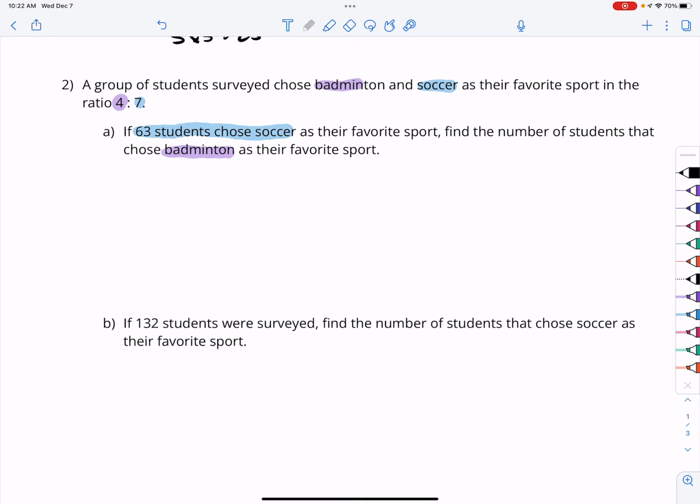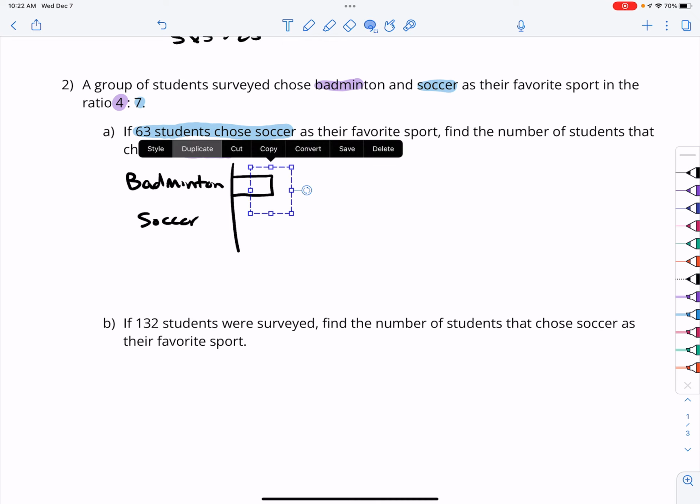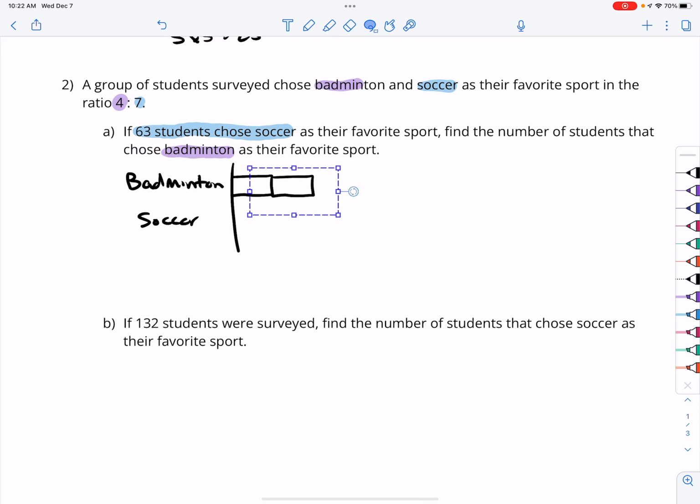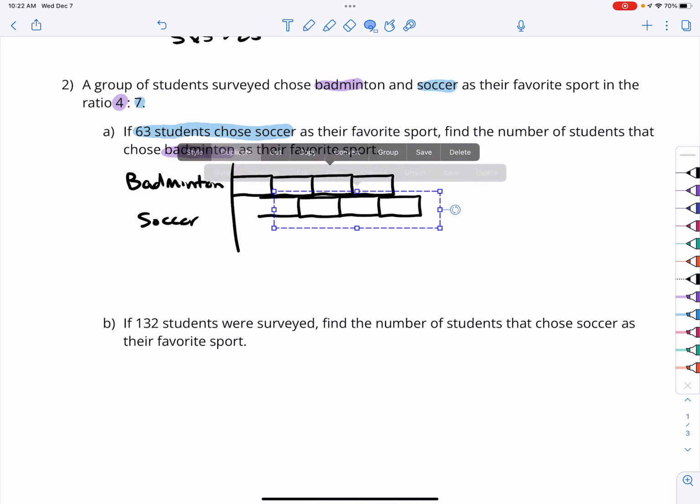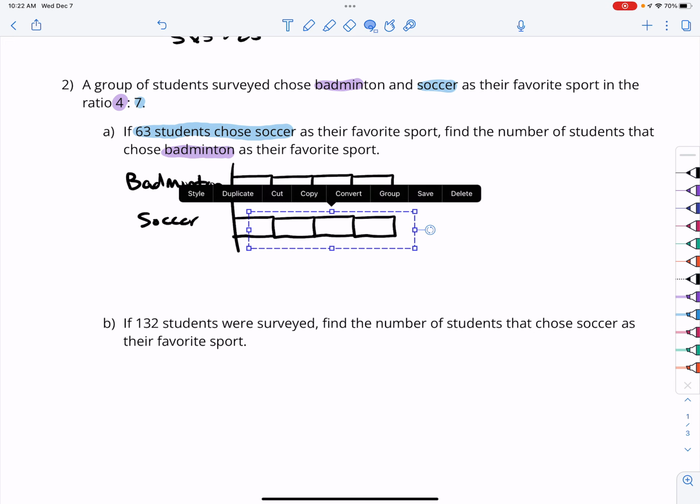So we don't know the number of badminton students, but we know that the ratio of badminton to soccer is 4 to 7. So for every 4 badminton students, there are 7 soccer students. So 4 to 7.